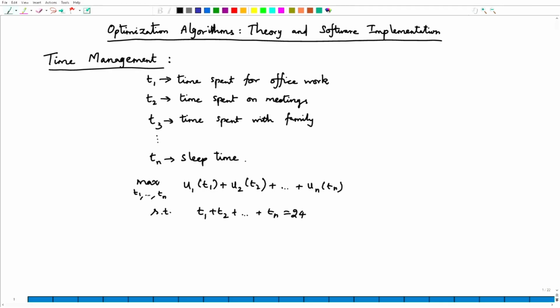So, every one of us who is managing time on a day-to-day basis is actually solving this particular time management problem. That is why I said an optimization problem is actually being solved by every person on a day-to-day basis.